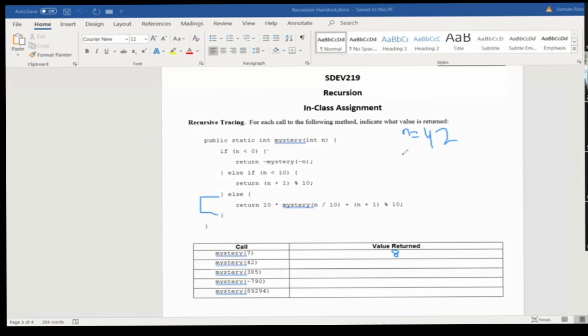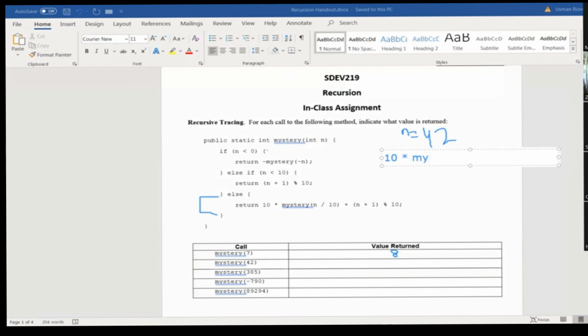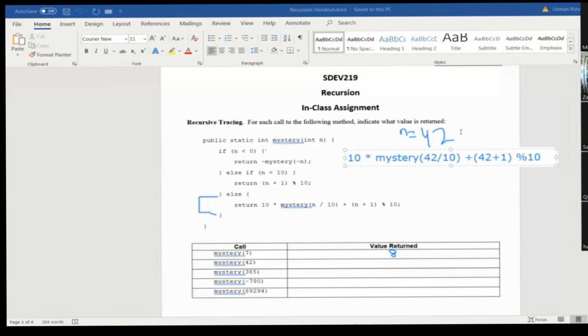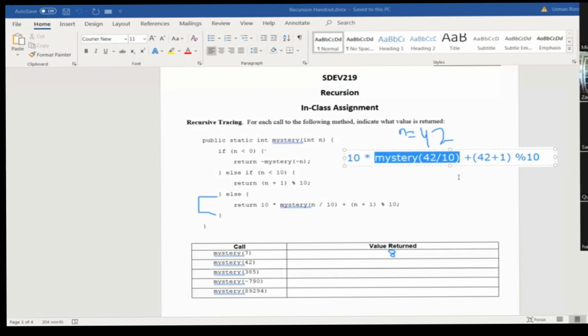When n equals 42, we have 10 times mystery(42 divided by 10), and then we have n, which is 42, plus 1 mod 10. So we need to solve this. We have one unknown, right? This right here is unknown. We don't know what that is, so we're going to call recursion on it.